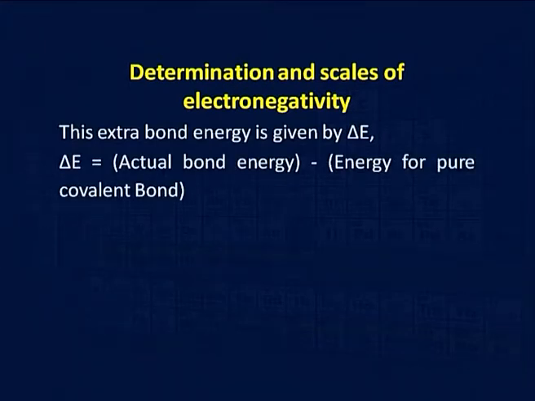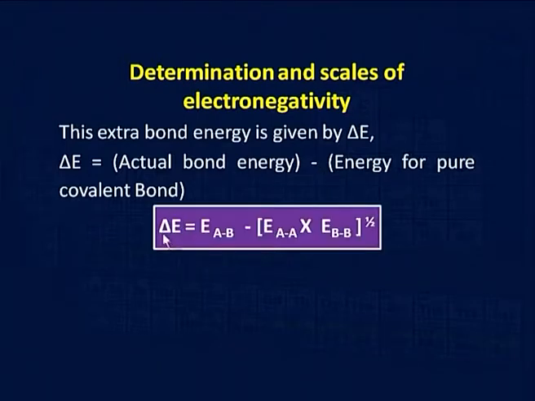So, this delta E, that is the extra bond energy, will be equal to the actual bond energy minus the bond energy of the pure covalent bond, or delta E is equal to E_AB minus the square root of the product of the bond energies of A2 and B2.